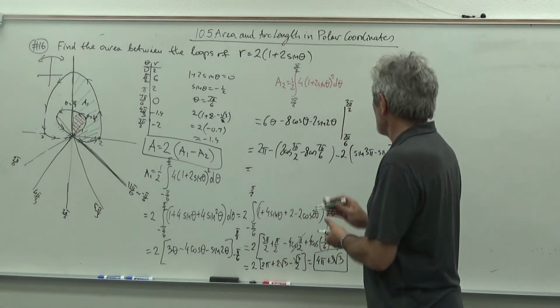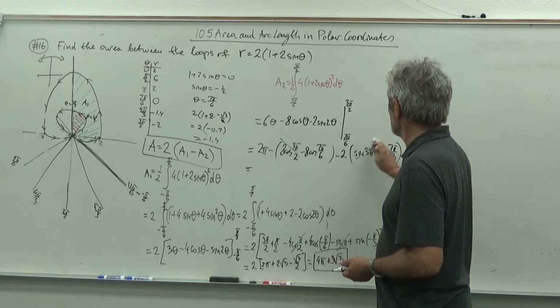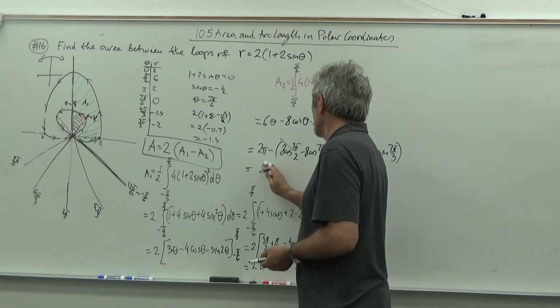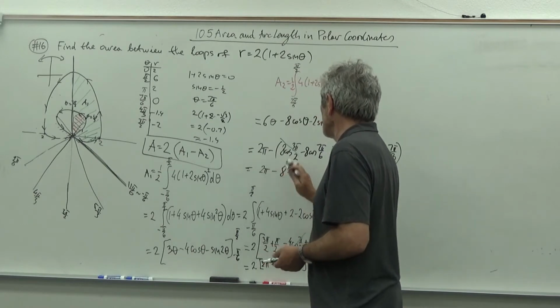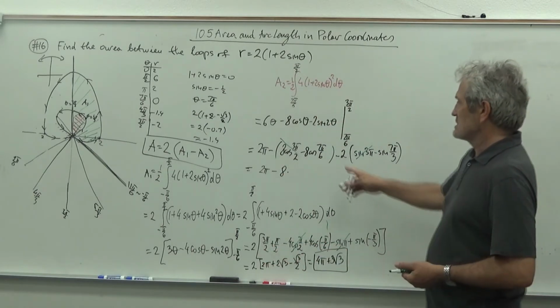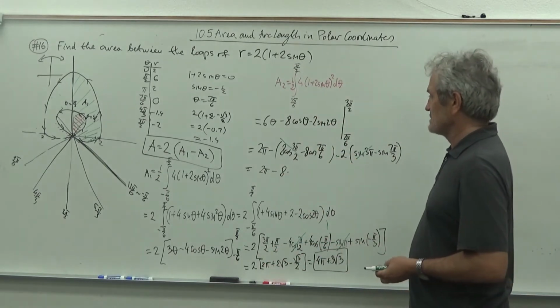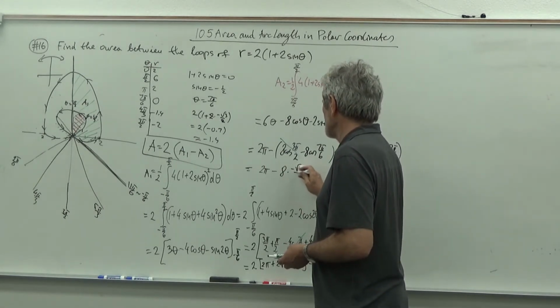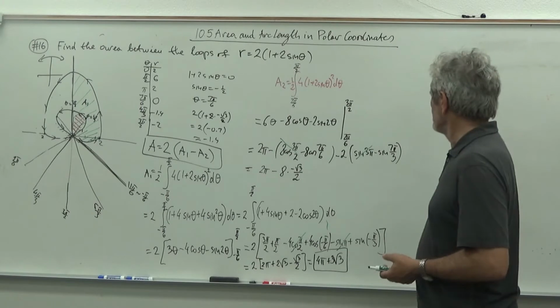So what happens again, cosine 3 pi over 2 is 0, sine 3 pi is 0. So we get the following: 2 pi minus 8 times cosine 7 pi over 6, which is negative, so it would be minus 8 times negative root 3 over 2.